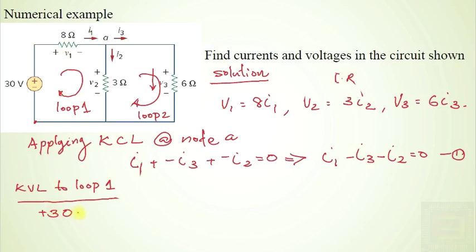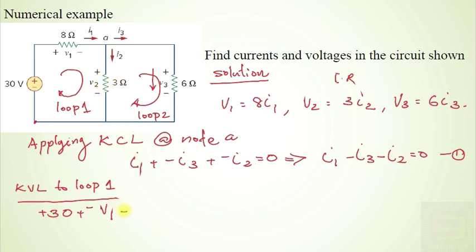According to the convention, we assign a negative sign to that. So you get minus V1. Now you have reached this point, and from node A to this node, you are meeting a drop in potential whose magnitude is equal to V2.